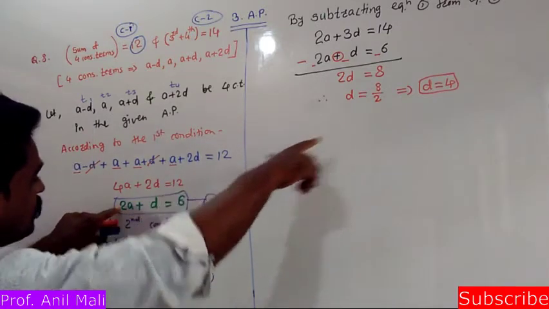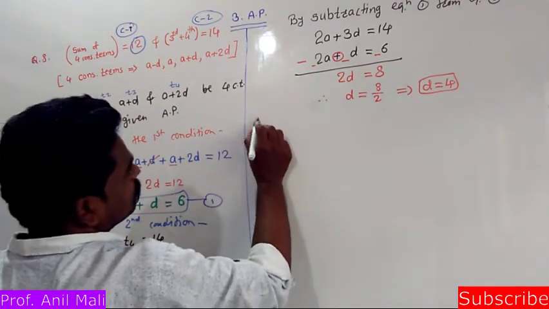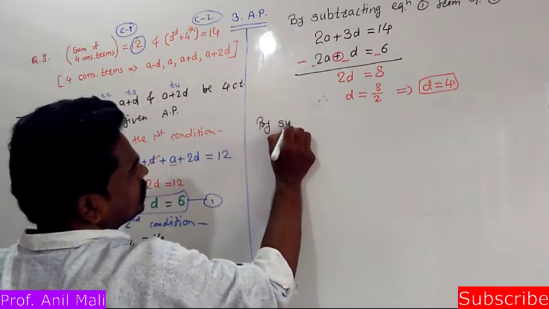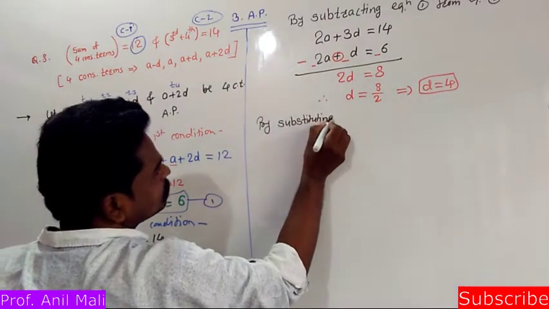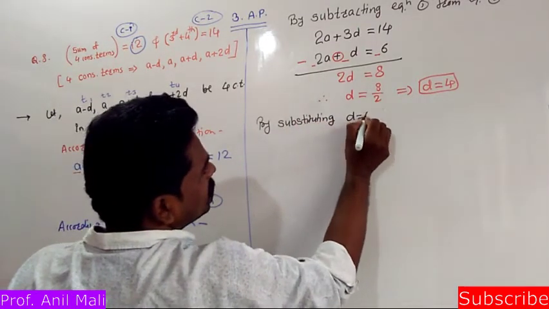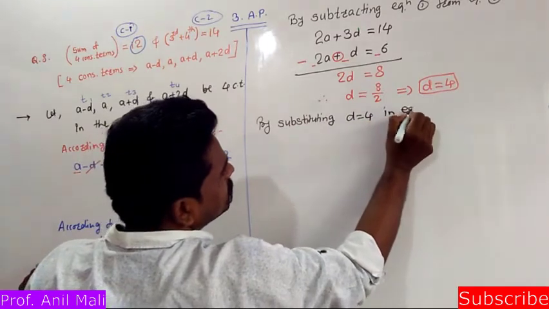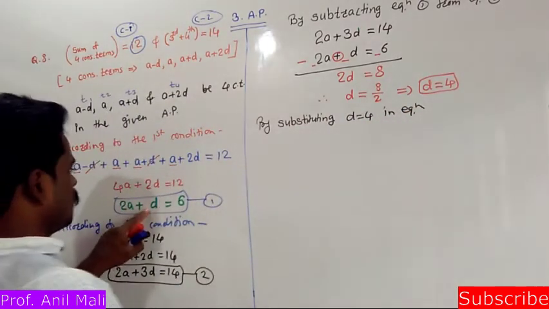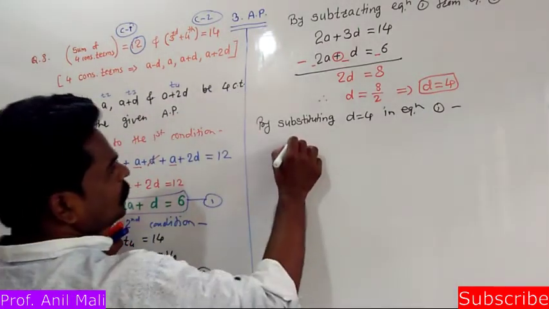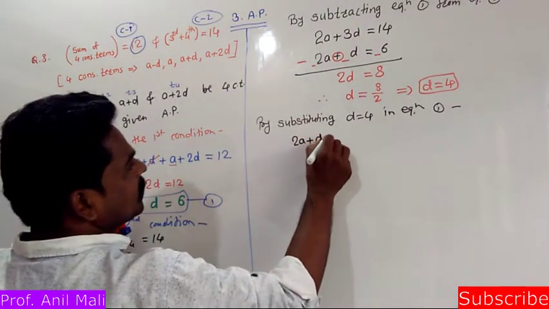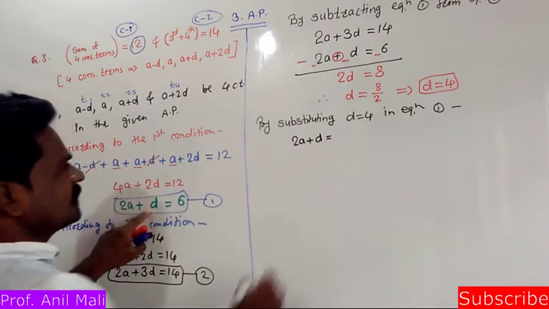By substituting D is equal to 4 in equation number 1, we get 2A plus D is equal to 6.